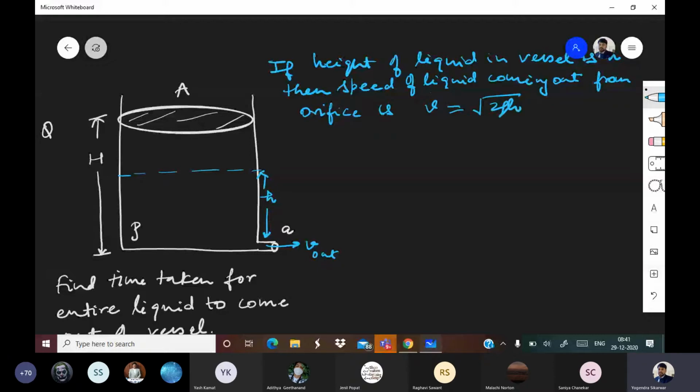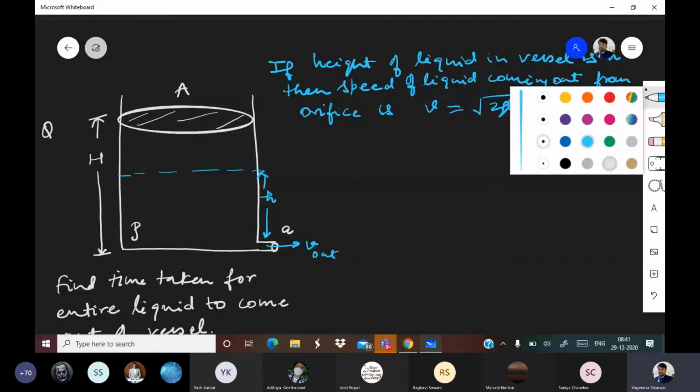If it is not an orifice, if we are not considering the hole as small, then what will be the case? We have also talked about that yesterday.